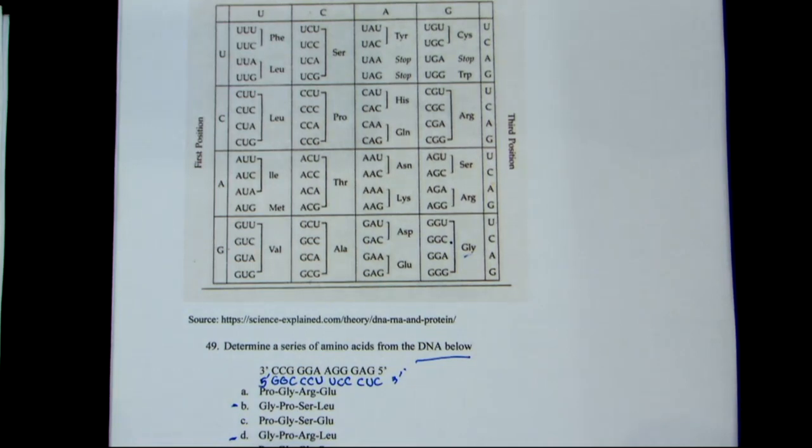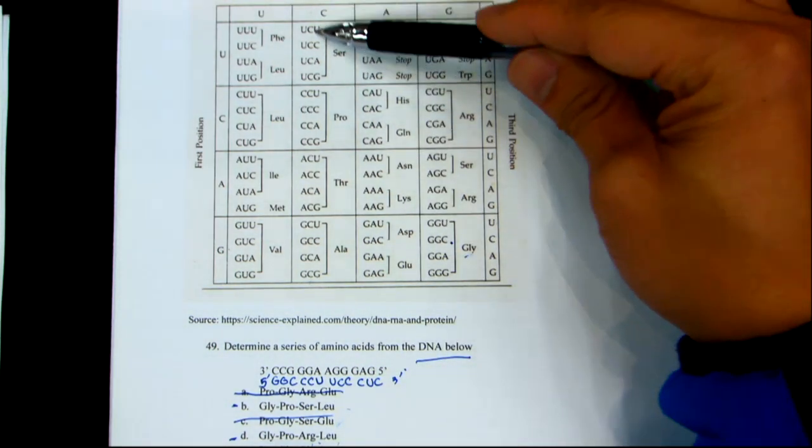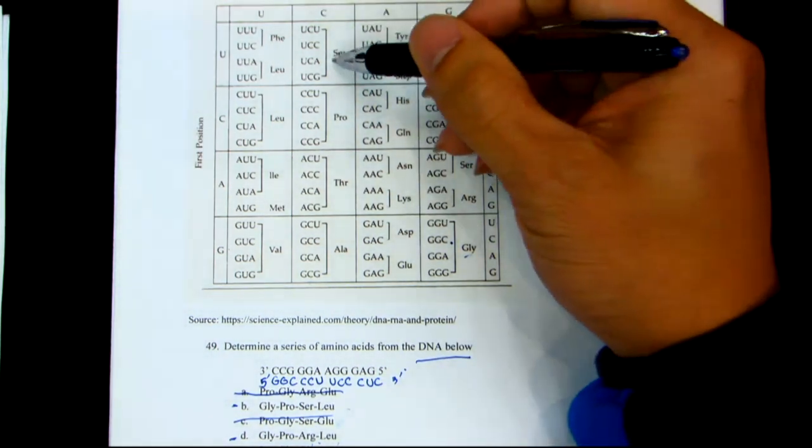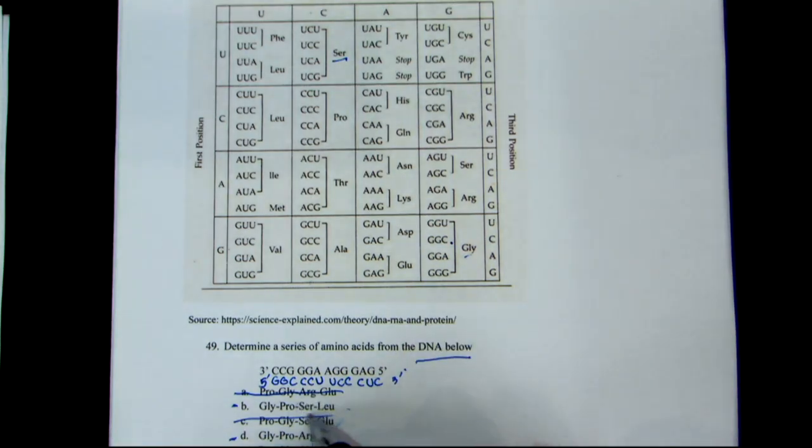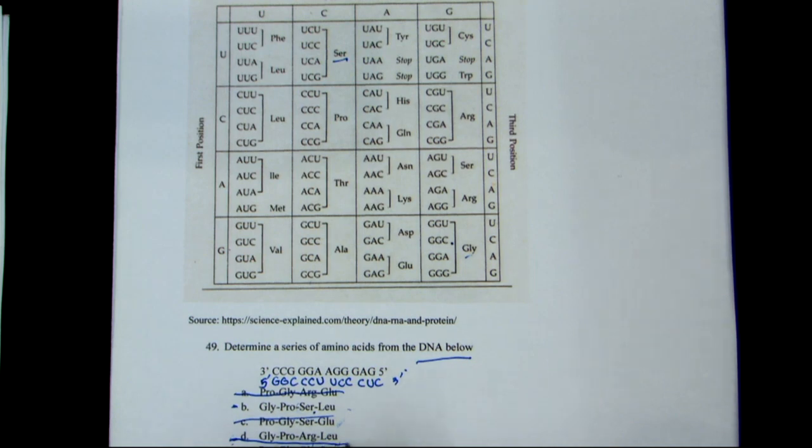The rest you can just cross out because the first one is not consistent with what we found. To save some time, the rest are pretty much the same except the third one. The third one is UCC. Where's UCC? We have this one. So this one is not correct. So the answer is B.